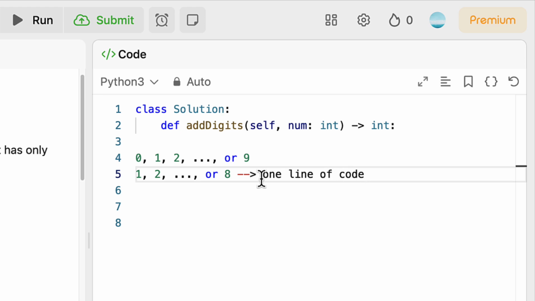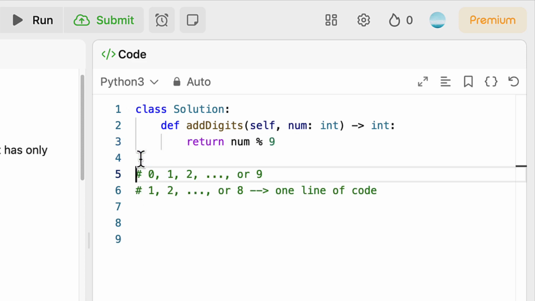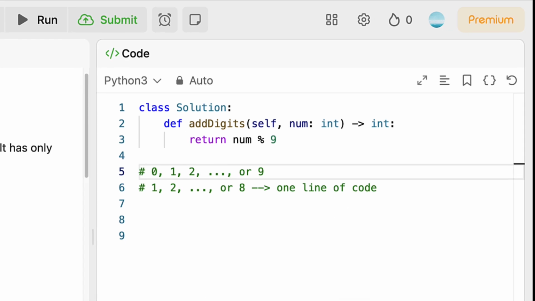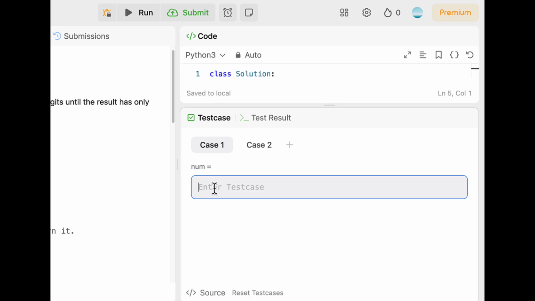It sounds crazy, right? But it's possible. So how can we do this? It's very simple. We just return num mod 9. It means that we divide it by 9 and we get the remainder. So let me show you this crazy solution.